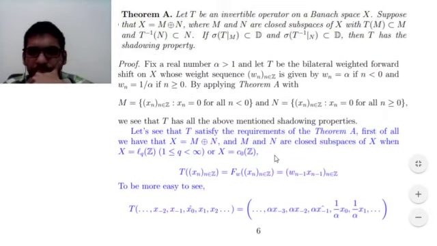Okay. We have this sum X equal to N direct sum N. They are closed subspaces.